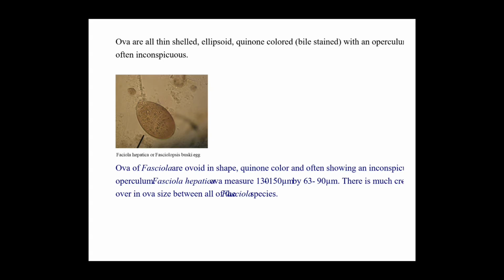The egg is ellipsoid or oval shaped and barrel shaped, with an inconspicuous operculum. The ova of Fasciola hepatica are ovoid in shape, yellow in color, and often show an inconspicuous operculum.